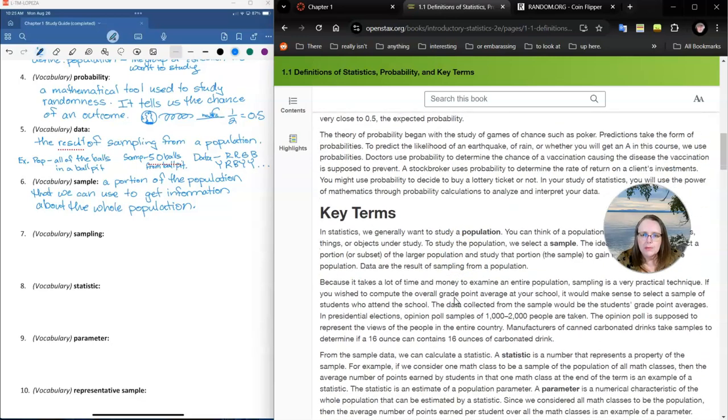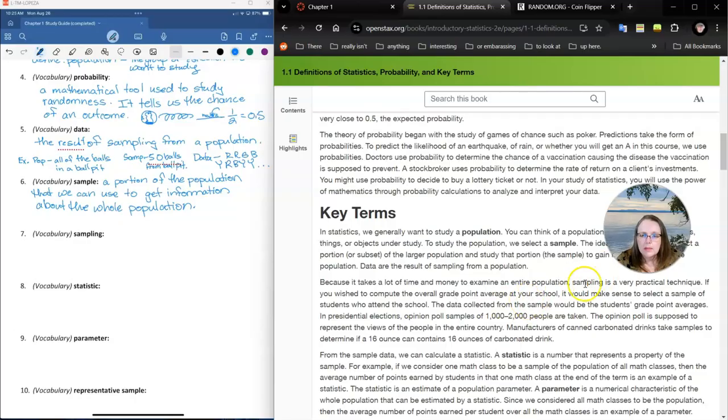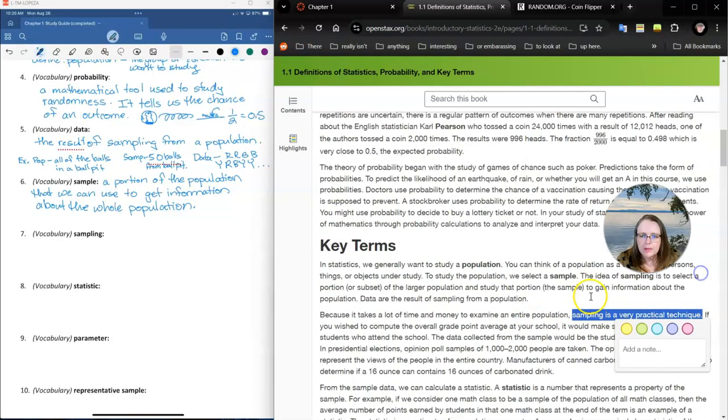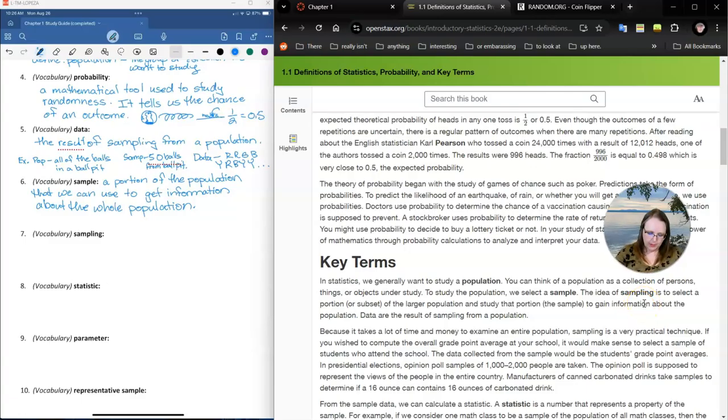Sampling. Where's the word sampling? Sampling, a very practical technique. So the idea of sampling is to select a portion of the population and study that portion to gain information about the population.